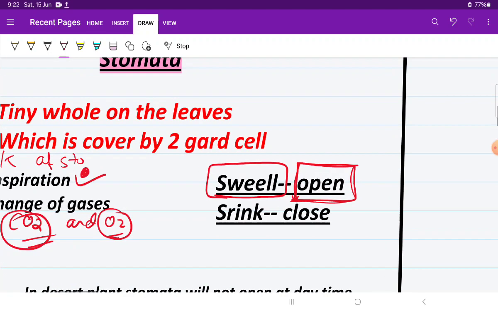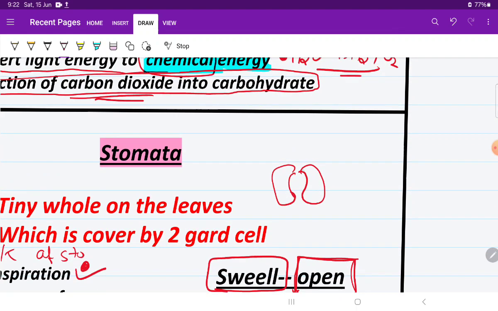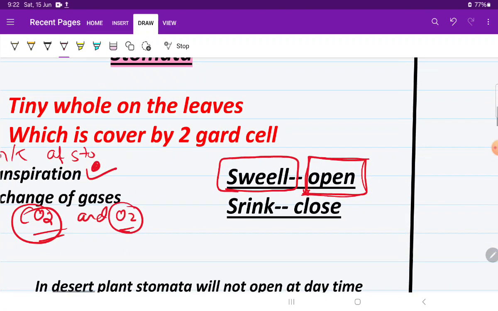When the transpiration process takes place, most of the water will mix in the air, but some of the water will be absorbed by the guard cells and they will swell. As they swell, the stomata will open, allowing the exchange of gases and the excretion of other waste material.